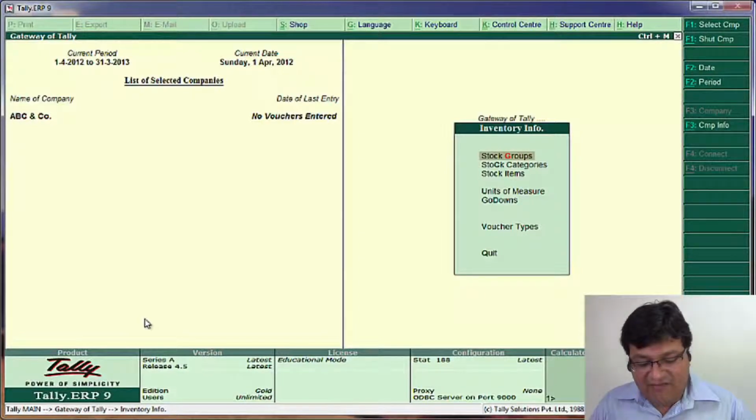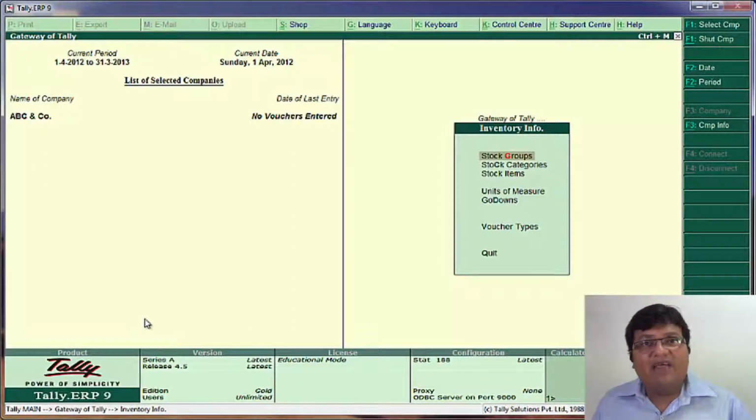Okay, let's say I have a television of Sony, a television of Panasonic, a television of LG, a television of Samsung. So all these may become my stock groups, and the television types that I am dealing in for each of these brands will become my stock items. Correct? Sony may be dealing in 29-inch television and it may have a feature like LCD. Right? So that 29-inch LCD will become a stock item and it will be clubbed under a group called Sony.